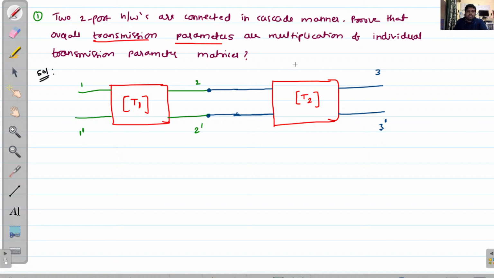Now you can give the variable names, which is very important. For the first two-port network and its first port, I will name it V11, and the current I11. Why am I taking V11?